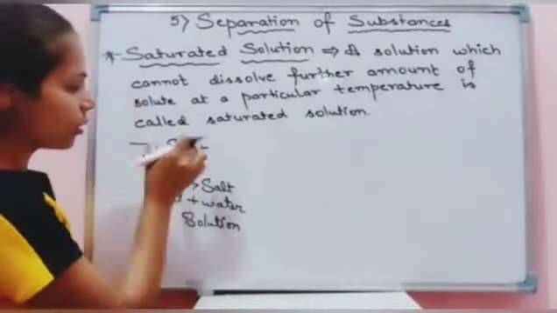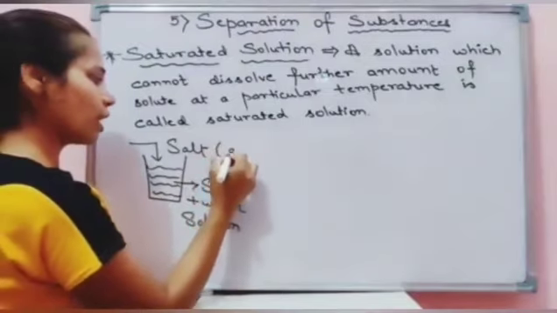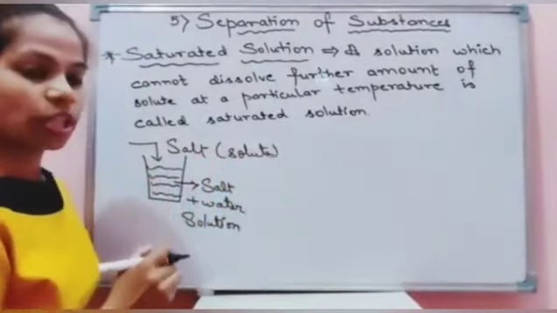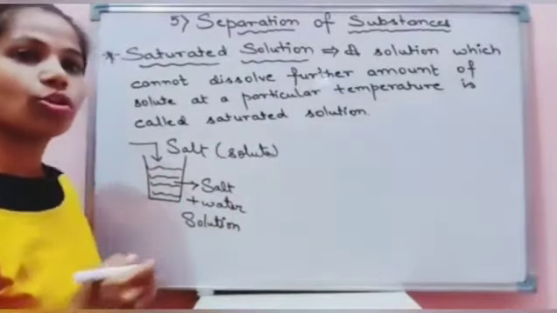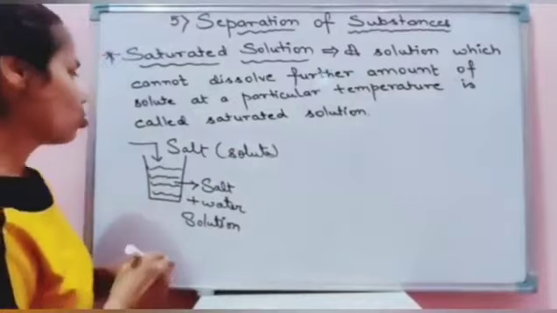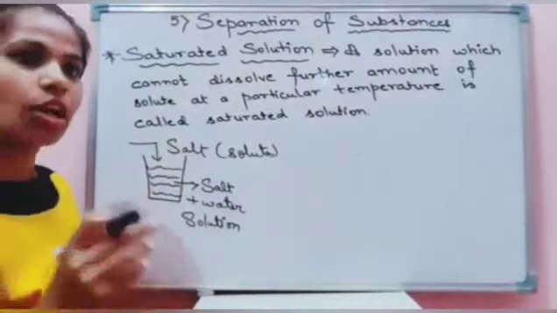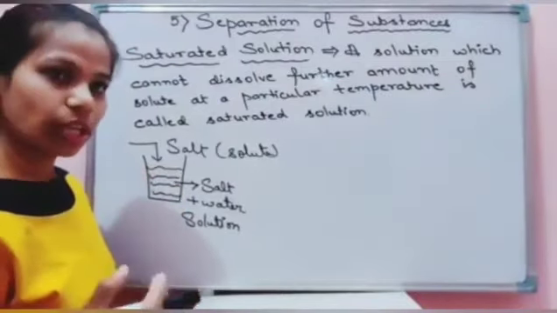Fine. The substance that I am adding into the solution is known as solute. And the substance in which I am adding the solute is known as solvent. Fine. So suppose I am adding salt into the water, what will happen, children? It will dissolve in it. Okay.